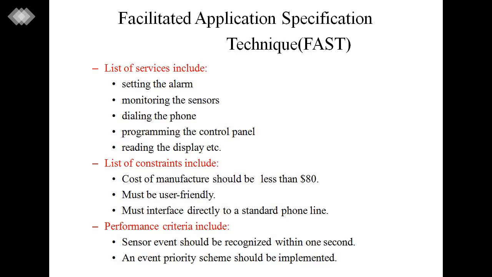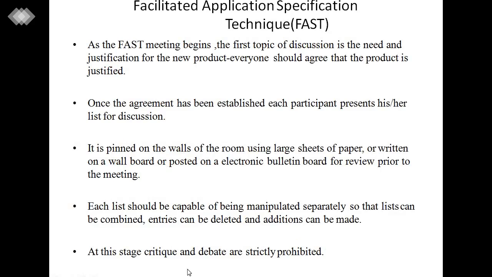Some performance criteria include that sensor events should be recognized within a second, and event priority schemes should be implemented. So as the FAST meeting begins, the first topic of discussion is the need and justification for the new product.